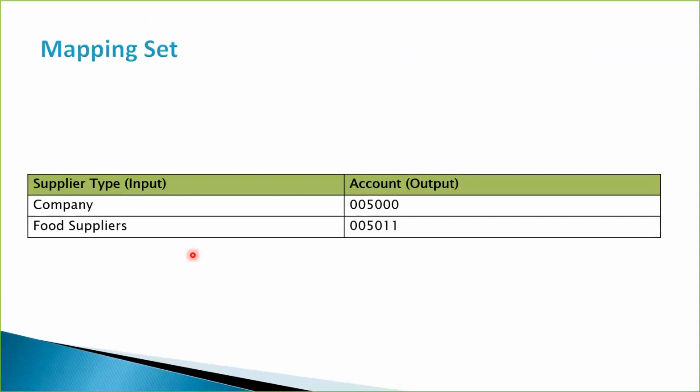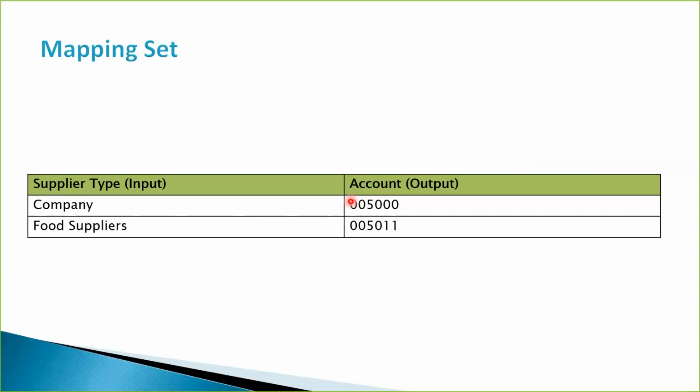And we are going to say that if the supplier type, which is going to be the input, is a type company, or as we're going to see any other type, then use account 5000. But if the input is food suppliers type, then we want the expense account to be used to be 5011, which is the meals expense account we have defined in our value set.